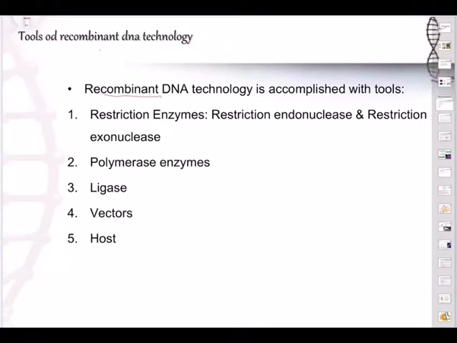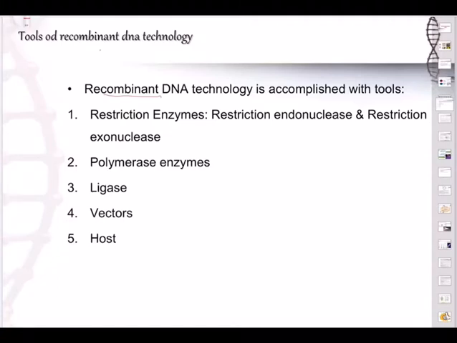One is the sugar molecule, deoxyribose. Second is the phosphate molecule. And the third is nitrogenous bases. Among the nitrogenous bases, there are two types, double-ringed ones and single-ringed ones, purines and pyrimidines.